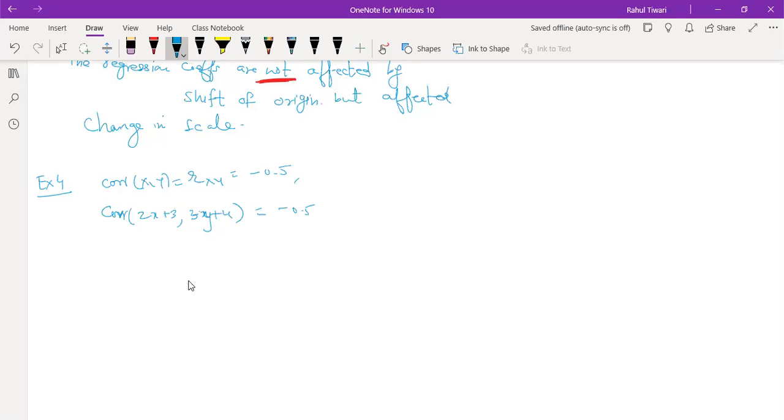How to prove this? You can apply simple logic. What is the formula? It's the covariance between 2x plus 3, comma 3y plus 4, divided by the square root of variance of 2x plus 3 into variance of 3y plus 4. But what is the covariance between these two?